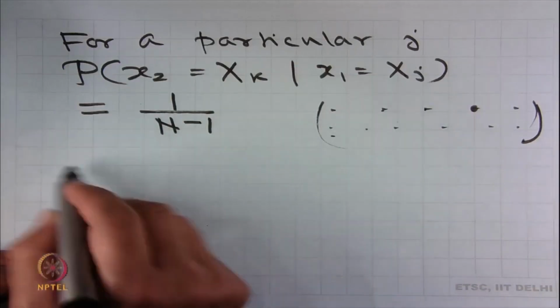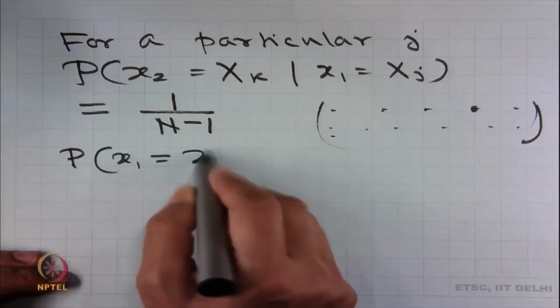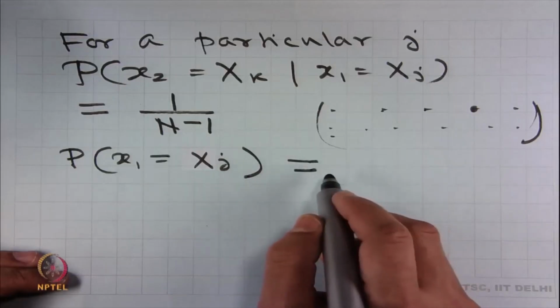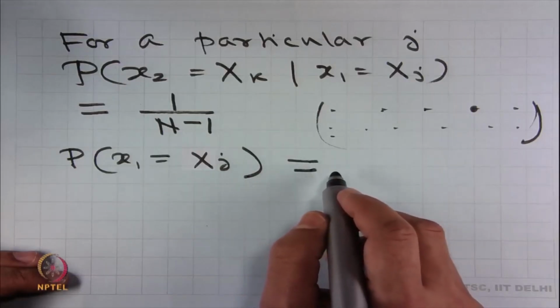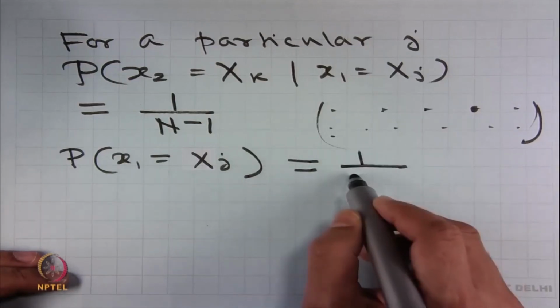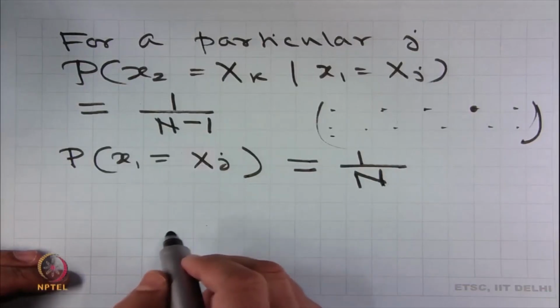Now, what is the probability that x 1 is equal to x j? The probability that x 1 is equal to x j is 1 upon n, right.